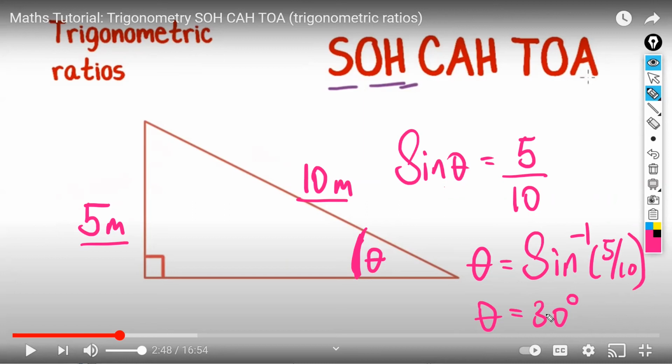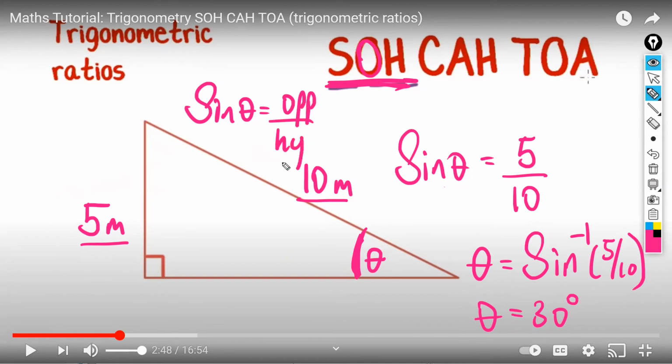When you want to find the angle, when you want to find the hypotenuse, or you want to find the opposite side. Also, guys, as a reminder, this here SOH is a reminder for sine. Sine theta is equal to opposite, which is the O, over hypotenuse.